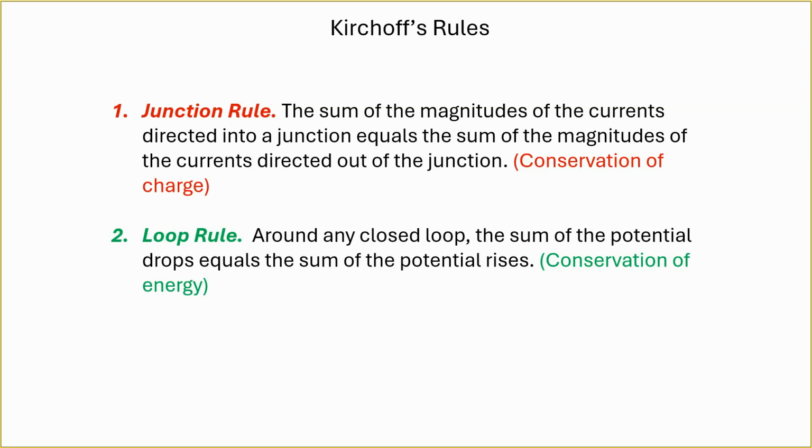Any load or resistor that you connect will get a share of that energy per unit charge supplied by the battery, however many resistors you connect. A closed loop just means you start at some point, walk around the whole circuit, and end up at that same point again. There are no holes.